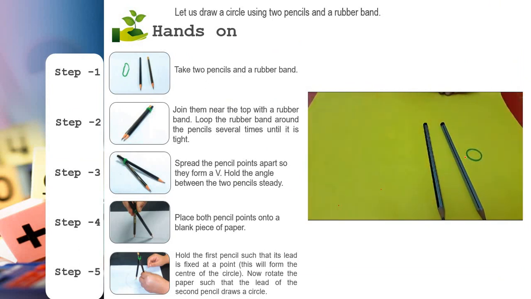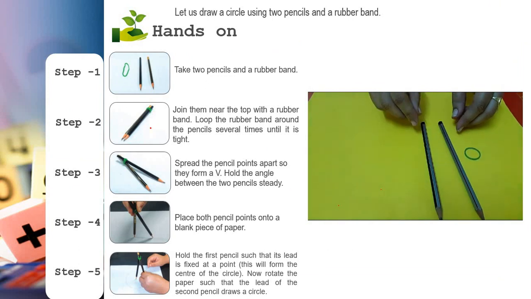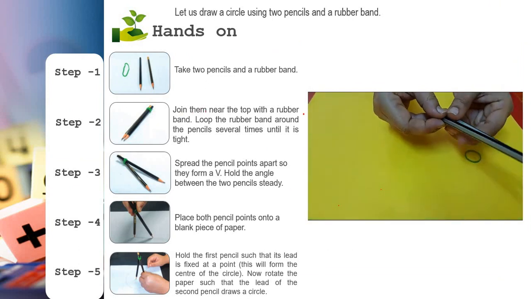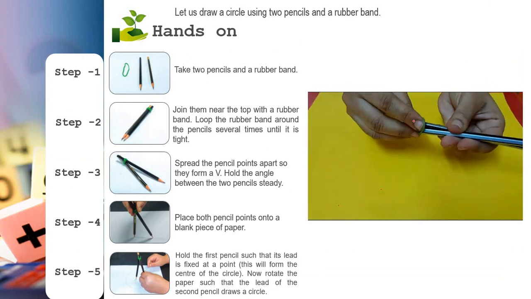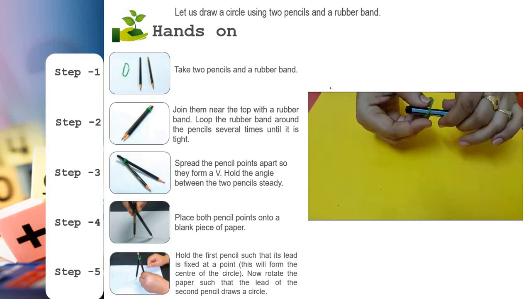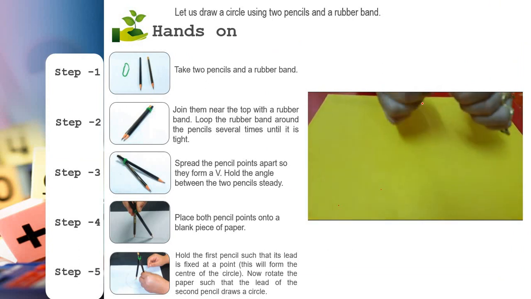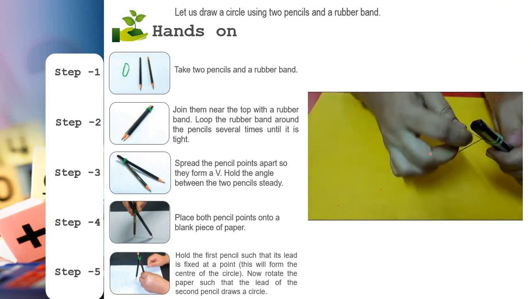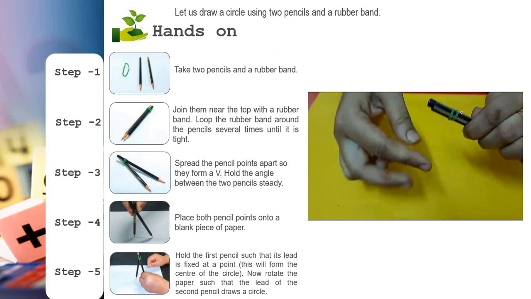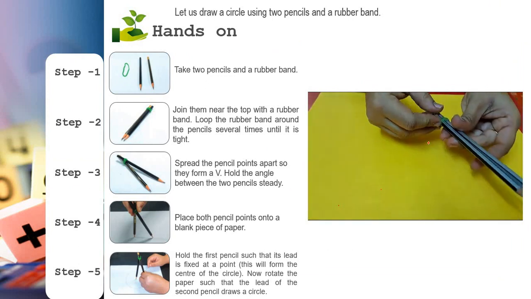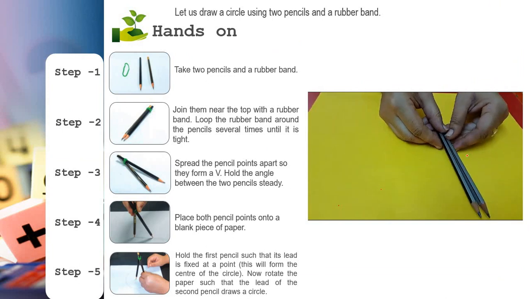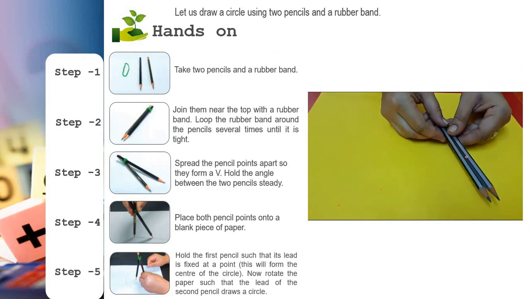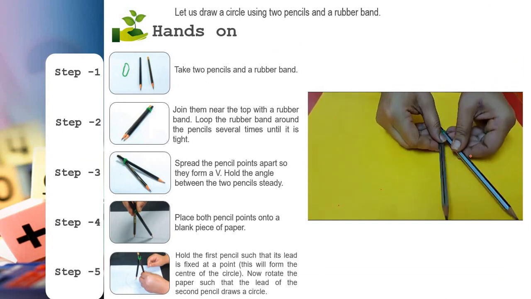Take 2 pencils and a rubber band. Step 2. Join them near the top with a rubber band. Loop the rubber band around the pencils several times until it is tight. Step 3. Spread the pencil points apart so they form a V.